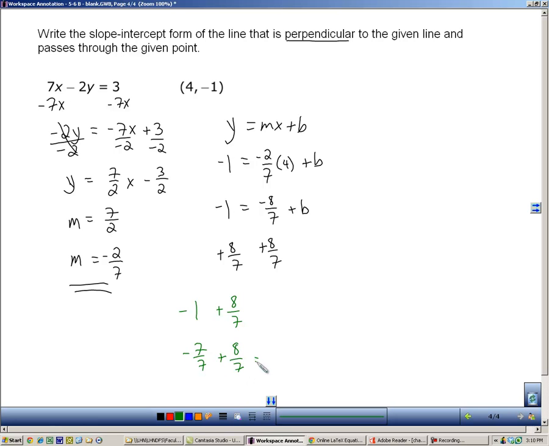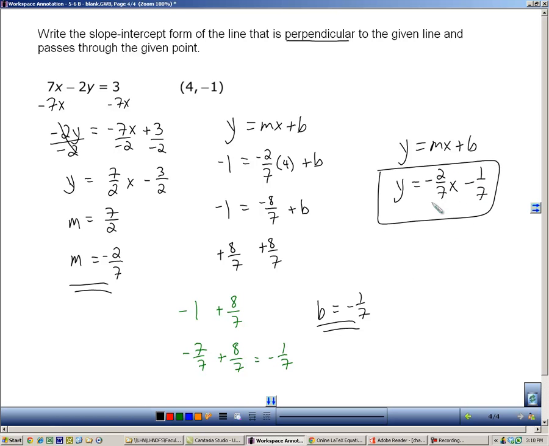Negative 7 plus 8 is 1/7, so now I can say that my b is negative 1/7. So I have an m of negative 2/7 and a b of negative 1/7. I'll plug those in. y equals negative 2/7 x minus 1/7.